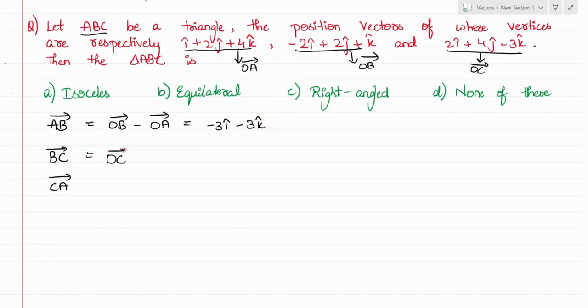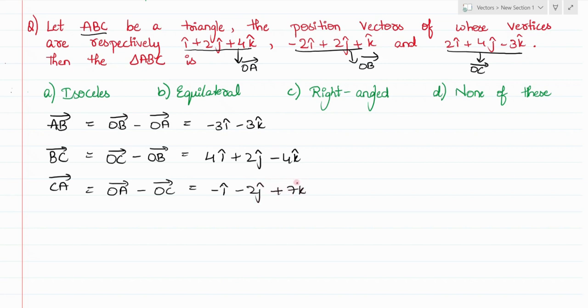Similarly, BC is nothing but OC minus OB, which is 4 i cap plus 2 j cap minus 4 k cap. CA is nothing but OA minus OC, which is minus i cap minus 2 j cap plus 7 k cap. From here, if you find the magnitude, you'll get the length of each side.